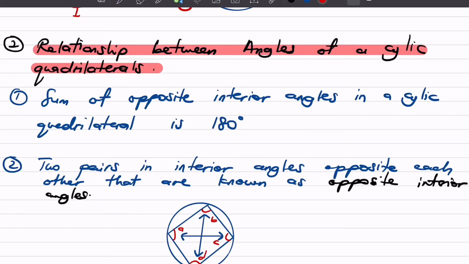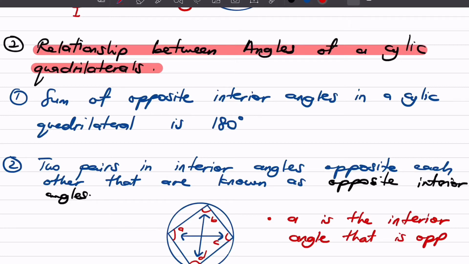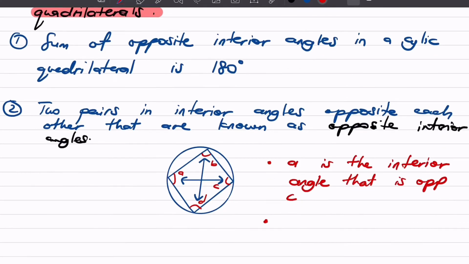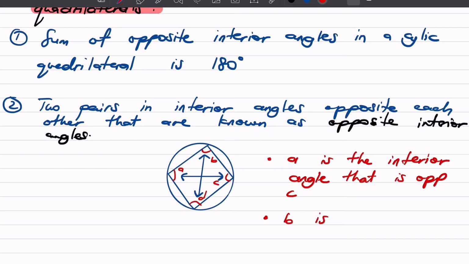So A is the interior angle that is opposite C. Another thing is B is the interior angle that is opposite D. Okay, so do you understand this?